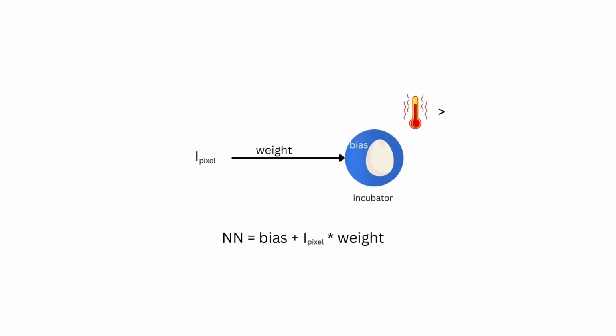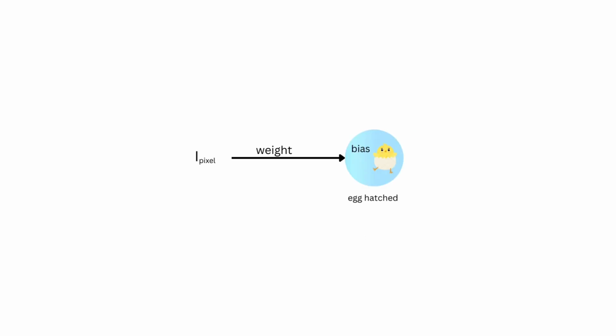The value of this formula will decide the temperature inside the incubator. If it is higher, the egg will hatch. The value calculated from this formula will be passed on to the next incubator or the perceptron as input.